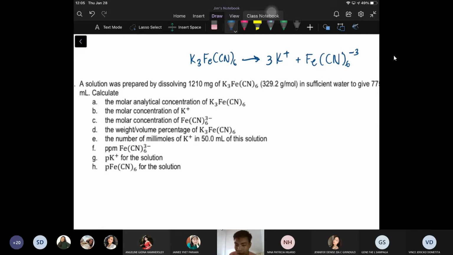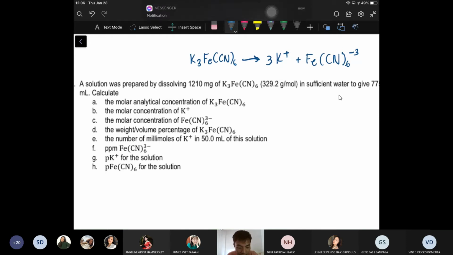Okay? Usually ibibigay ko naman yung reaction kapag sa quiz. Tapos kayo na bahala gumamit ng stoichiometric factors. So ito yung cation, ito yung entire anion.